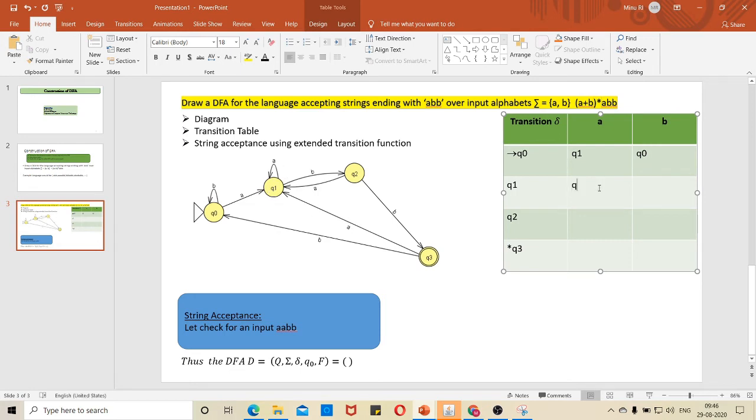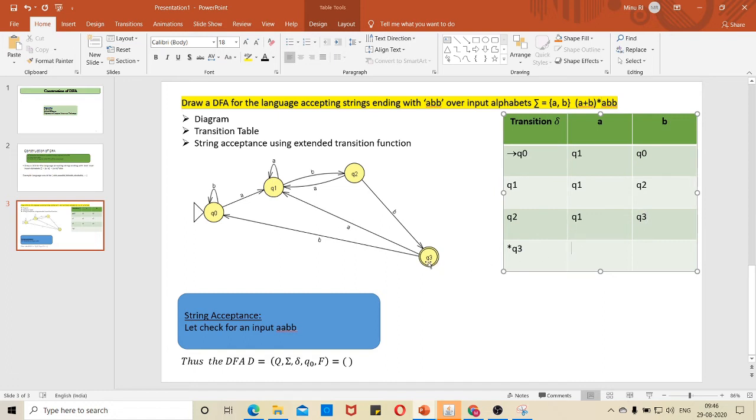So, make this as Q1. If your input is B, it jumps to Q2 state. So, make this as Q2. Again in Q2 state, if you have an input of A, it goes to Q1. So, make this as Q1, and in your Q2 state, when the input is B, it goes to Q3. So, write this as Q3.